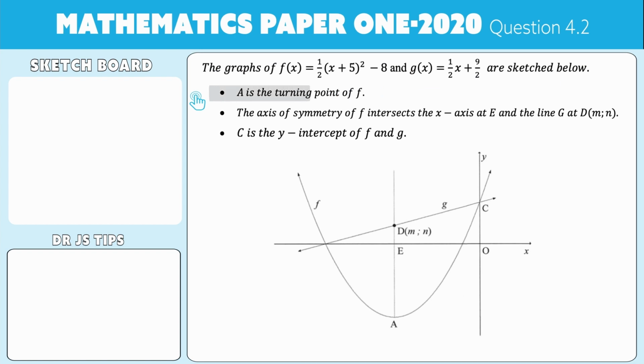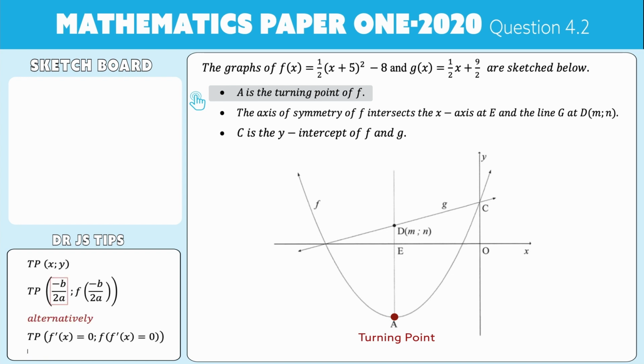They say to us A, the point here at the bottom, is the turning point of the curve. So it's the minimum value. Now remember, if you have a turning point for a parabola, there's one of two ways to get there. It's minus b over 2a, and then you take that value into the function to get the y value of the turning point.